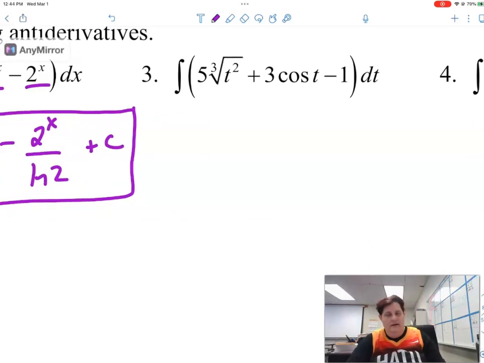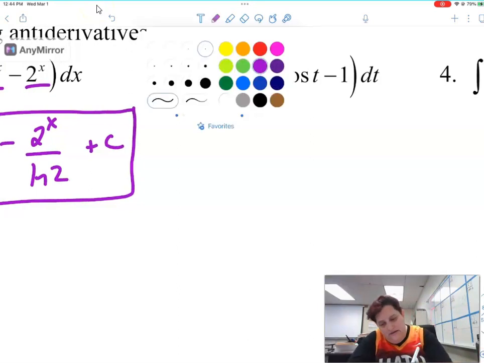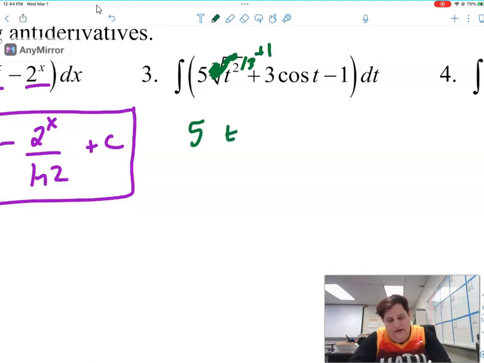All right. Okay, let's check out this one. Well, first, this t squared cube root, I'm going to switch that to t to the 2/3. So it's 5. If I add 1 to that, I'm going to get t to the 5/3 over 5/3. We talked about that in class, okay? But remember, t to the 5/3 over 5/3 is the same as saying t to the 5/3 times 3/5.